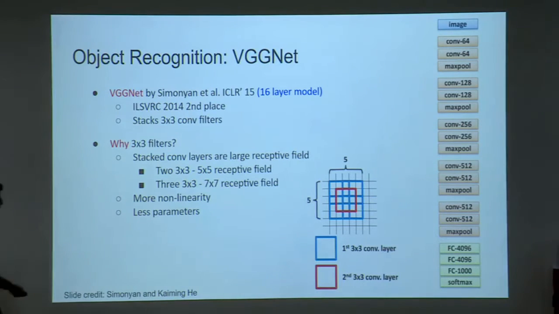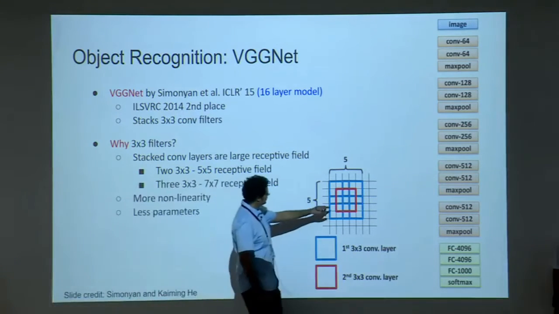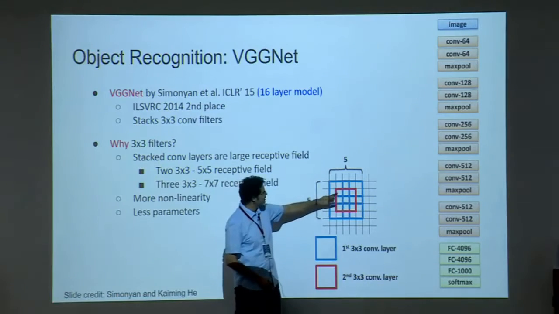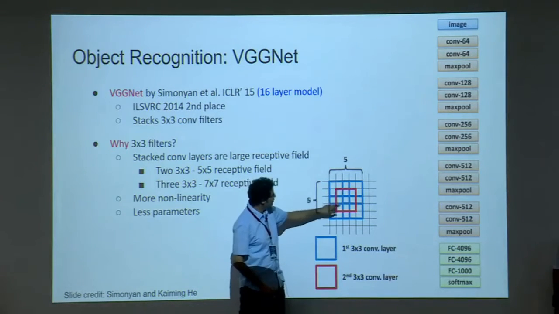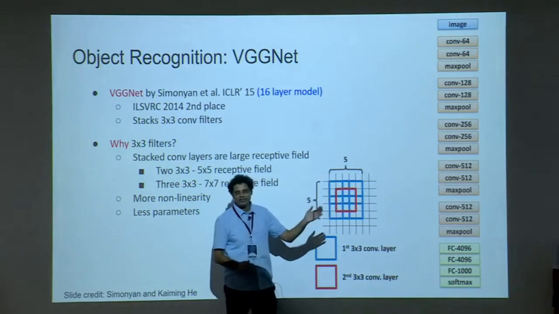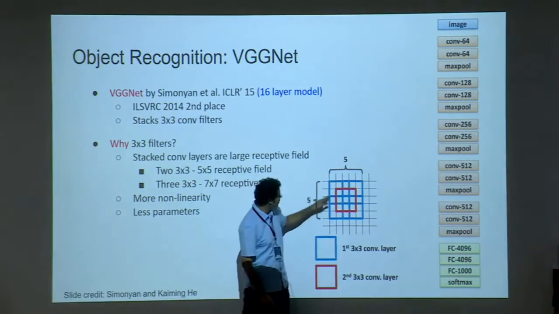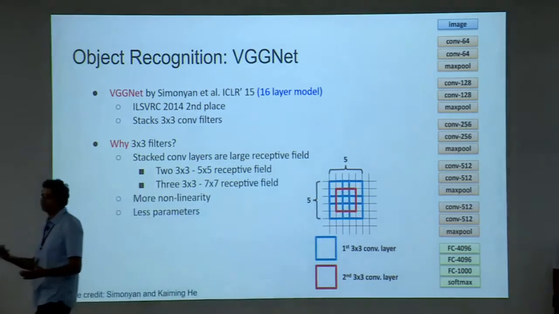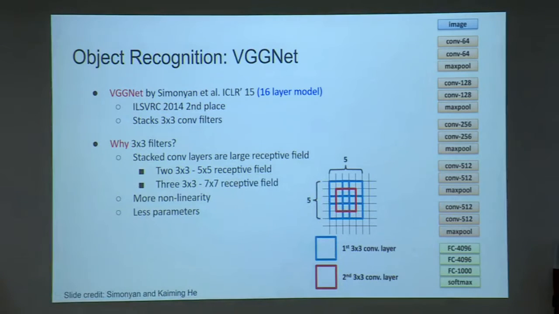This pixel is obtained as a linear combination of pixels in one layer, but in the layer before, those pixels were themselves obtained by linear combinations of other pixels. So overall, if I repeat convolution twice, this pixel sees all these pixels. Therefore, the receptive field is 5x5, and this you can increase. So there is an advantage in doing that. That's why the network was very simple: it is basically a lot of 3x3 convolution layers.